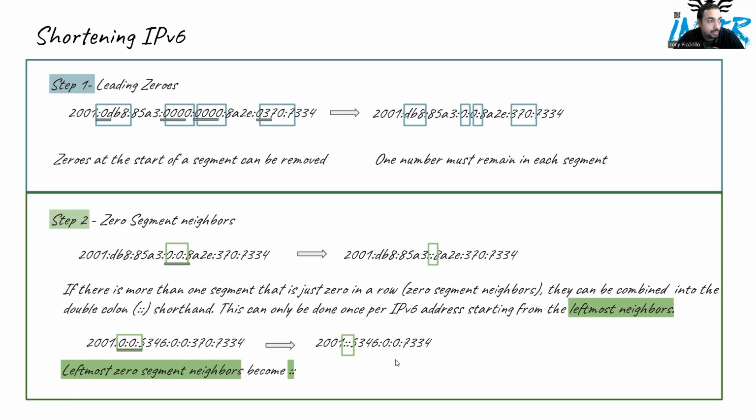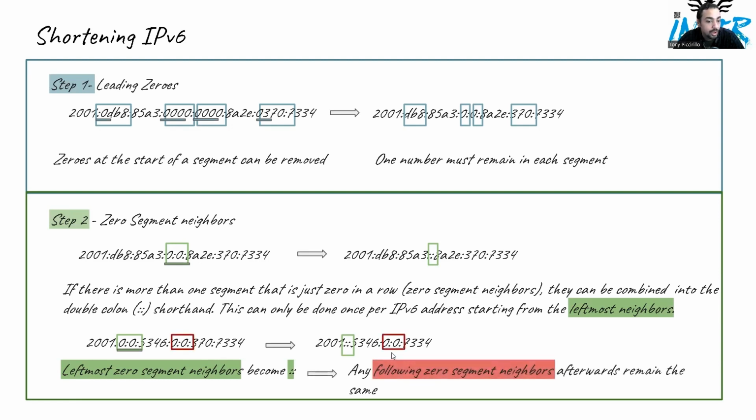All 0 segment neighbors after the first set remain the same. They don't change. So it's like you have one special power move and you can only use it once. So you can use it on the leftmost one, but the other ones you're not going to be able to do.